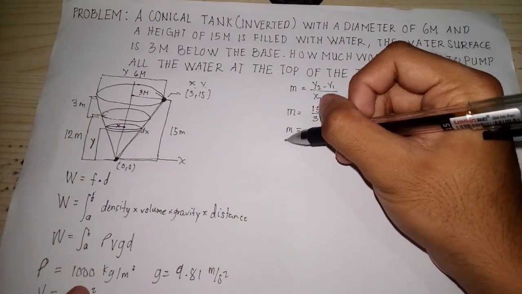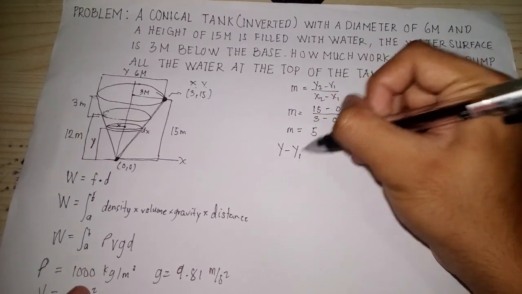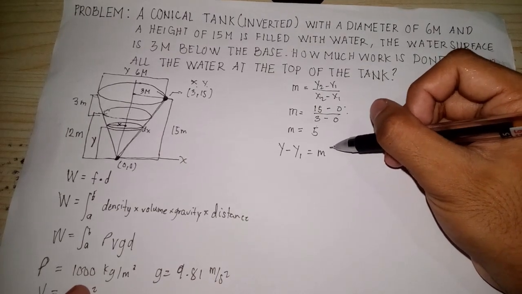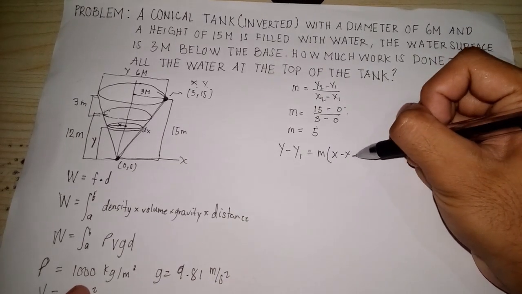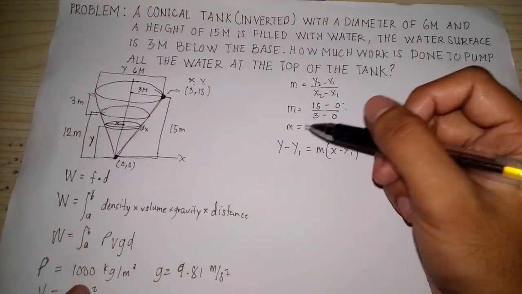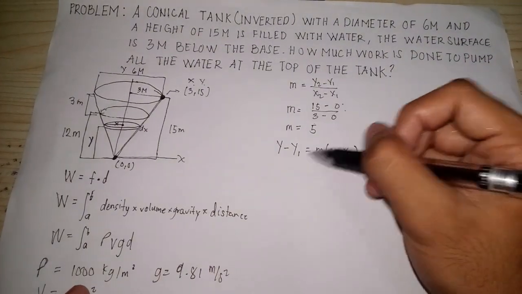So we substitute that in this formula also, which is y minus y sub 1 is equal to m times x minus x sub 1. We will now be able to get our x and y, but we only need our x.